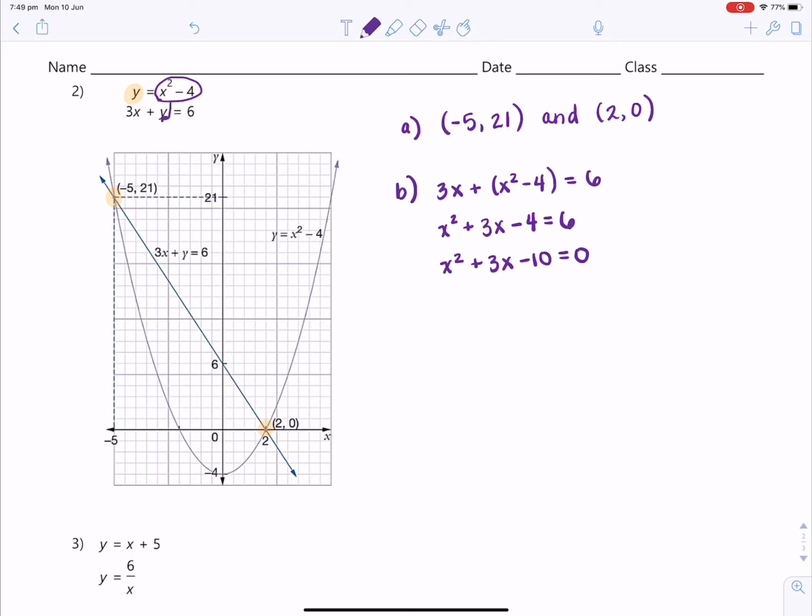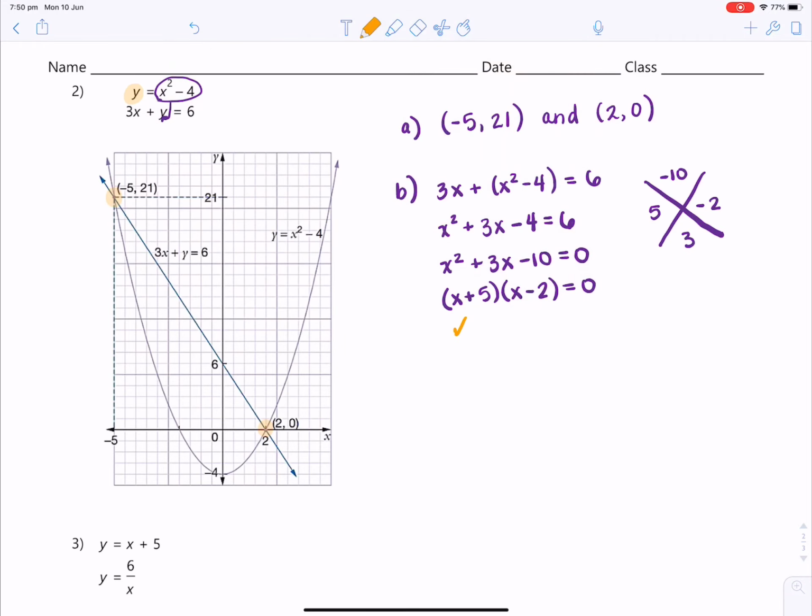To solve this quadratic, it would be easiest if I can factorize. So I'm looking for two numbers that add to 3 and multiply to -10. Those two numbers would be 5 and -2. So this factorizes into (x plus 5)(x minus 2) equals 0.